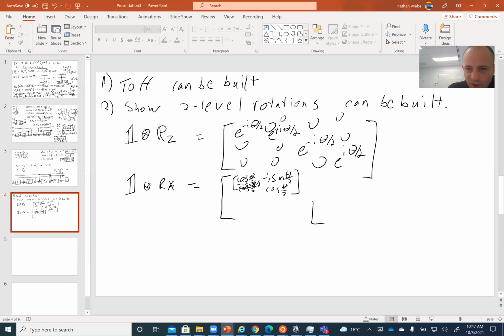And so you see that we get these kinds of block structures, but there are very specific patterns to how the blocks can be formed. Our aim is to construct a general 2x2 rotation.